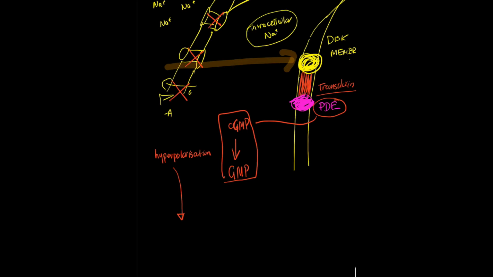Because of these pumps that are pumping sodium out of the cell, which we talked about before, the Na ATPase pumps. They're basically taking Na that's in the cell and pumping it out, in combination with the fact that there is a leakage of potassium, which is higher here. There's potassium leak channels, which all end up out as well. That causes the cell to go into hyperpolarization, meaning that the resting membrane potential goes lower.